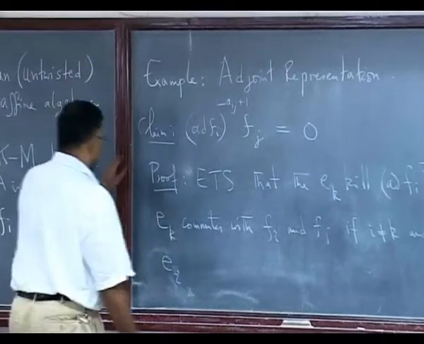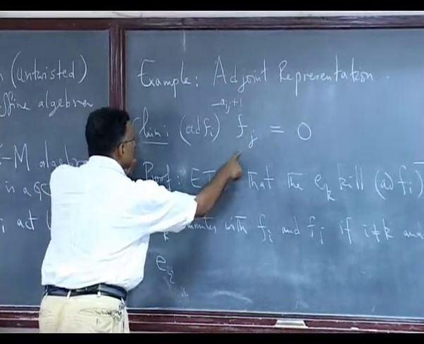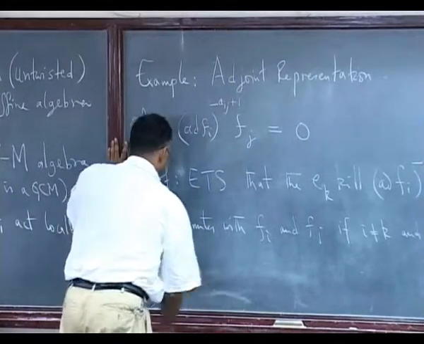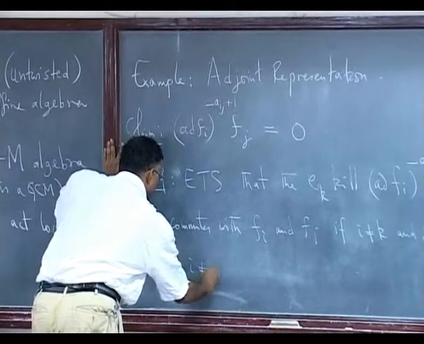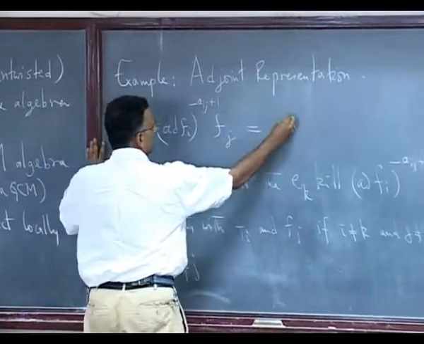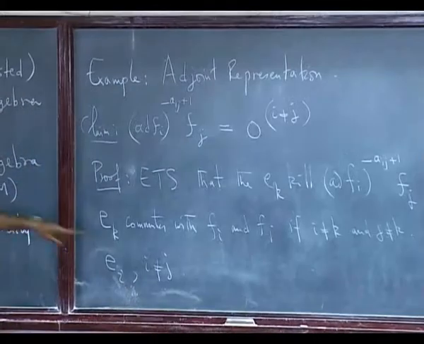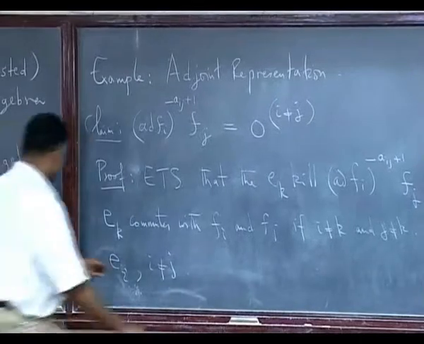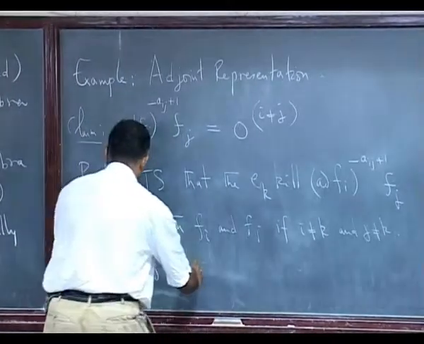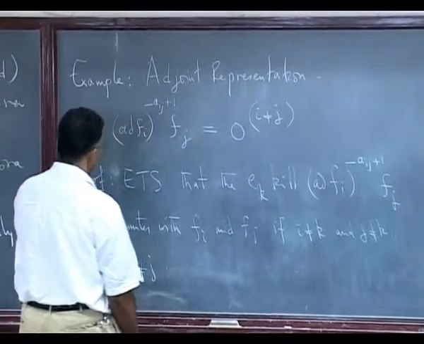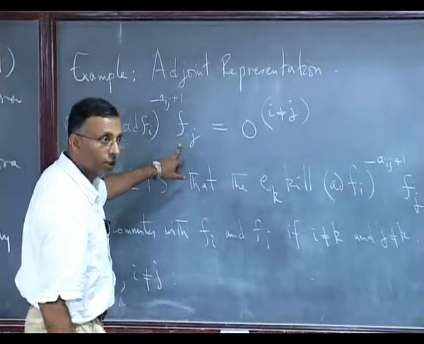Okay. In this case, what is Ei of Fj? Ei, i not equal to j. Let's do this calculation. Ei on Fj is 0.